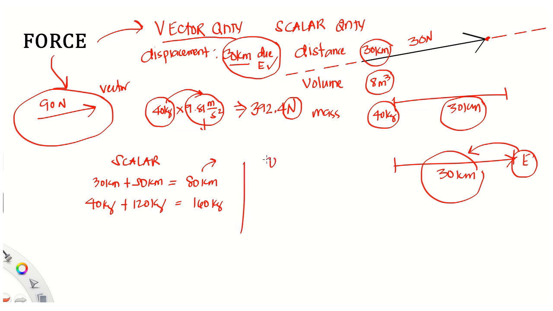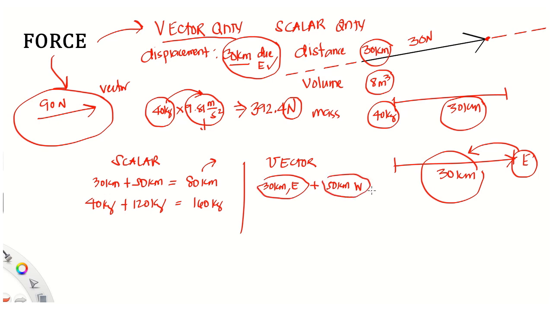But this is the catch. When we say vector quantity, if I say 30 kilometers due east, which means there is an associated direction, and we wanted to add it with 50 kilometers due west, and west is a direction. This is a vector quantity, and this is a vector quantity.